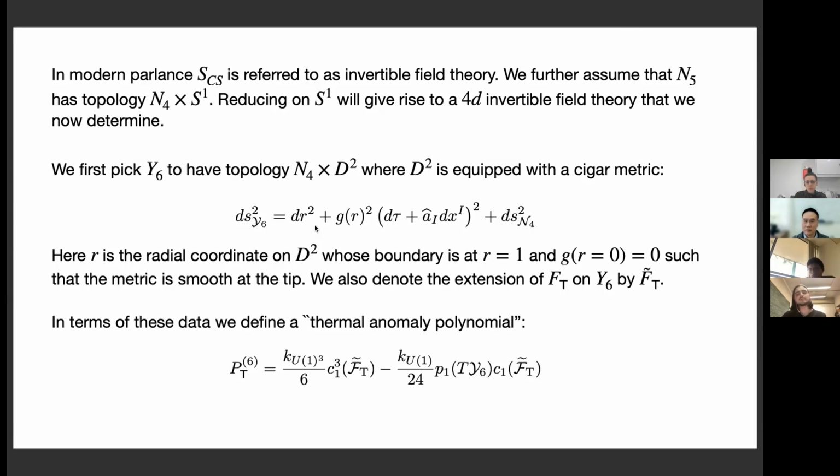And then in this background, we will denote the field strength of the U(1) symmetry by F tilde, as I told you before. When you have this background, we define what we call the thermal anomaly polynomial, which is the six-form anomaly polynomial evaluated in this specific background. That depends on the choice of extension and on the extension of the field strength for the U(1) symmetry.